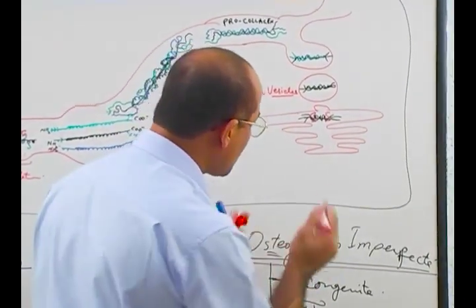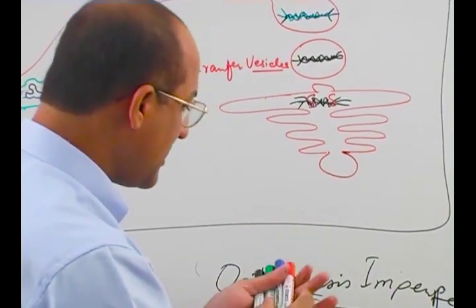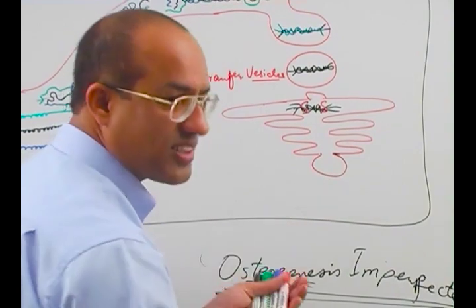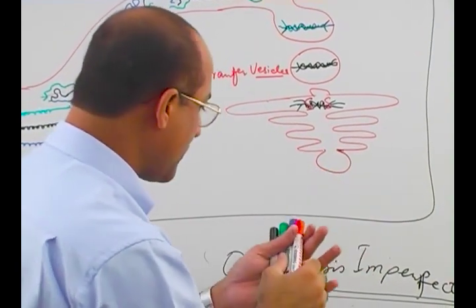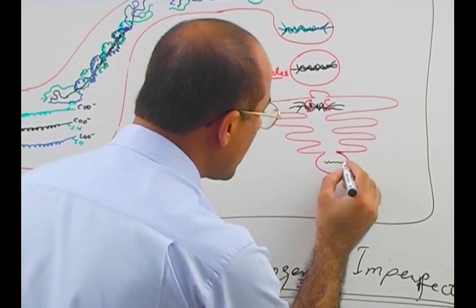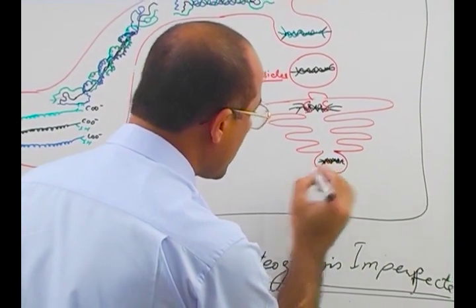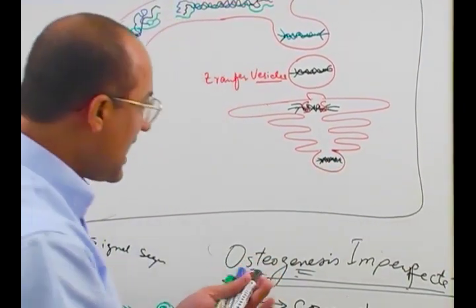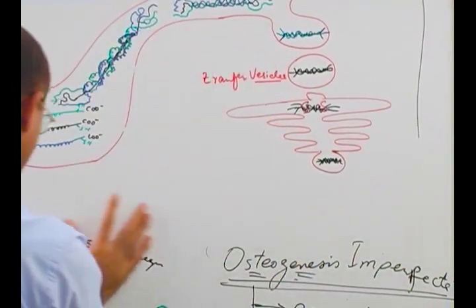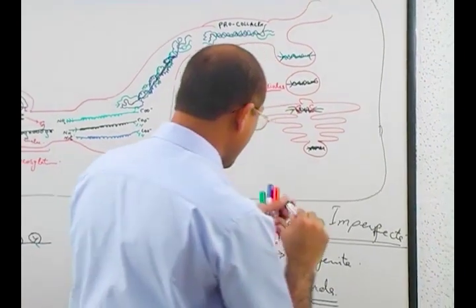Then from here a small bud will come out. This was transfer vesicle, and this is the secretory vesicle, because it will lead to secretion of it, right? So now it is packed into secretory vesicle. And for secretory vesicles, there are special arrangements, transport mechanisms.